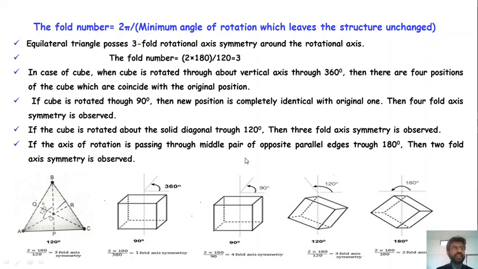Now if the cube is rotated about the solid diagonal through 120 degrees, then we get the threefold axis of symmetry.